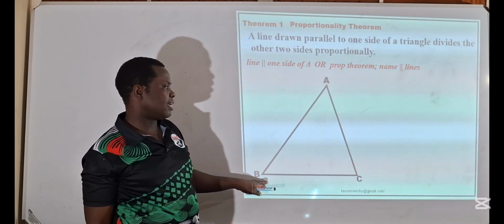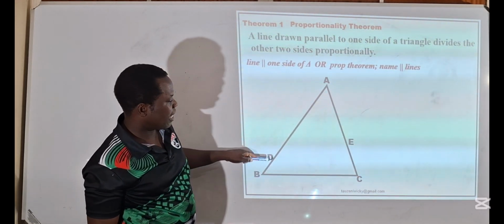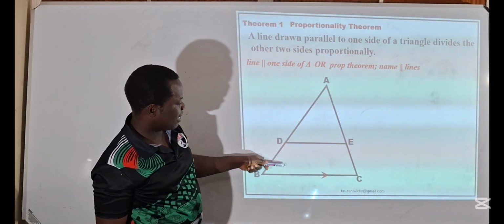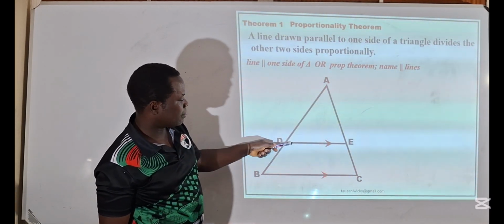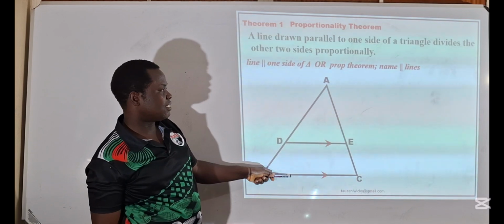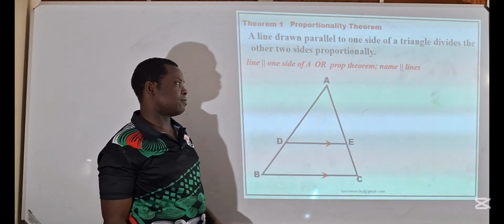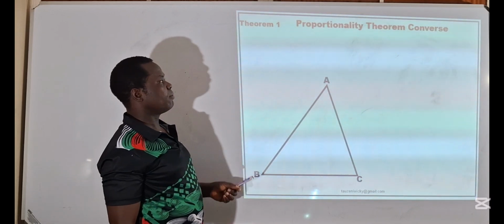So in this case, I have this triangle, then I put a line here from point D up to point E. If I put this line in such a way that it becomes parallel to the third side of the triangle, then the sides of the triangles are divided proportionally.